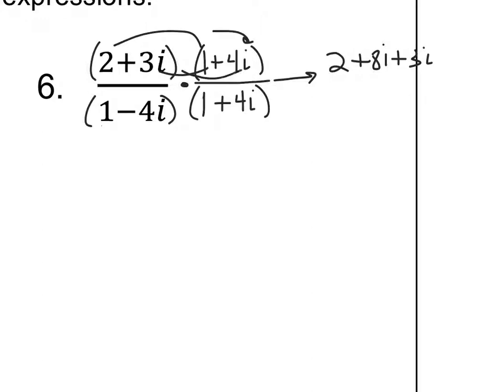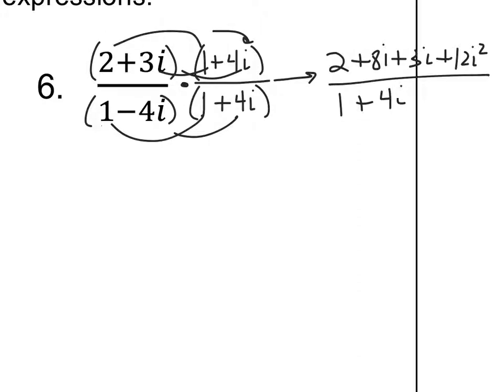And 3i times 4i is 12i squared. And then on the bottom, 1 times 1 is 1. 1 times 4i is 4i. Negative 4i times 1 is negative 4i. And negative 4i times positive 4i is negative 16i squared.